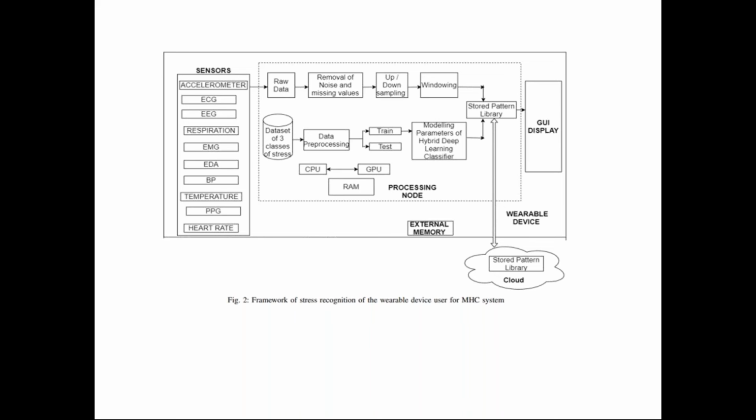All those things were done. Then the data was divided into train data and test data. From the train data, we need to model the parameters, and that classifier can be anything. For example, here I have given the example of a hybrid deep learning classifier.